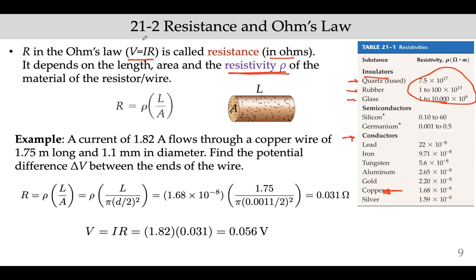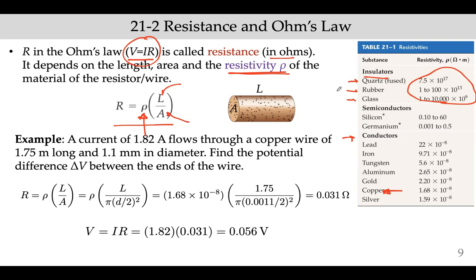Okay, so in Ohm's law, we have this R, resistance, but how do we determine it? Well, this is the formula to determine it. You plug in the resistivity of the material here, the length of the material here, and the area in the denominator.